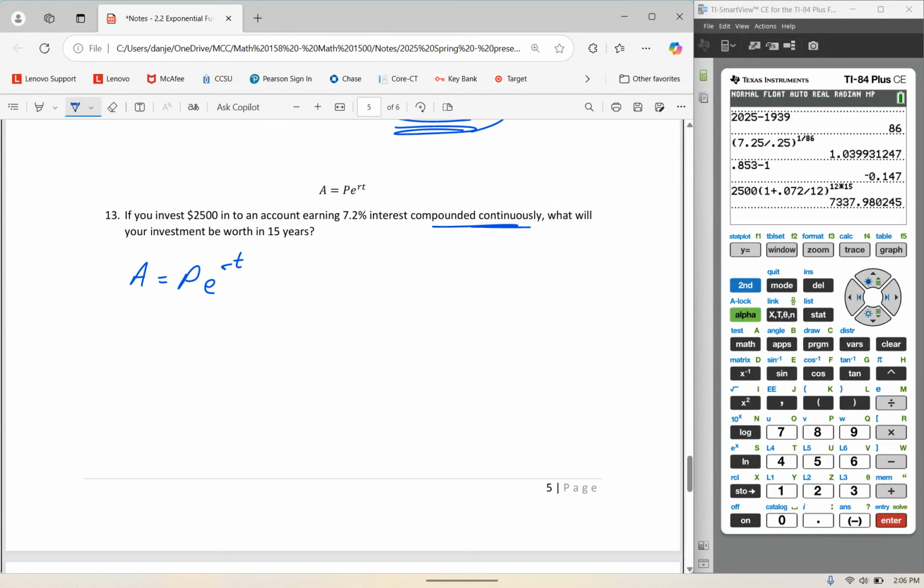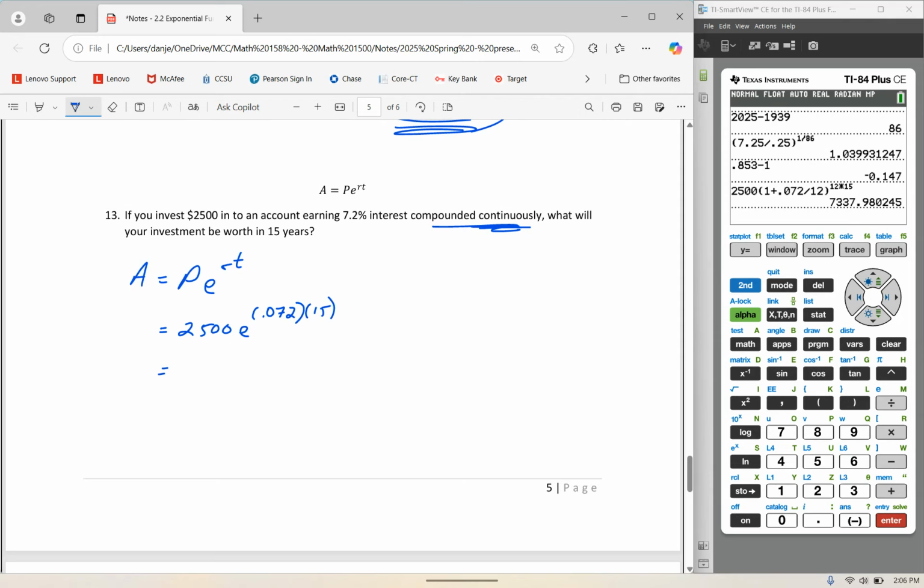There's no n because we're not compounding monthly or annually or weekly, but we're compounding continuously. So now if I invest $2,500 compounded continuously, getting 7.2% interest for 15 years, we'll see what that amount will be.